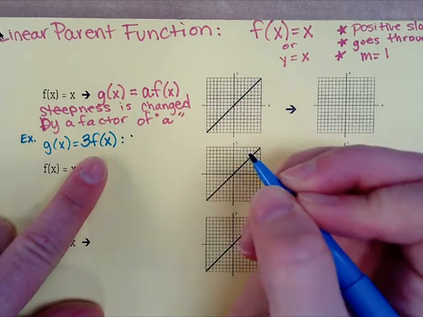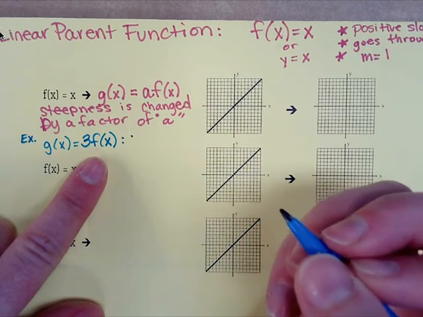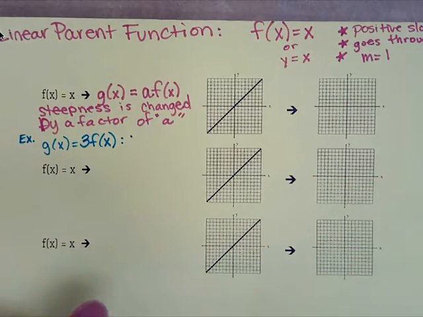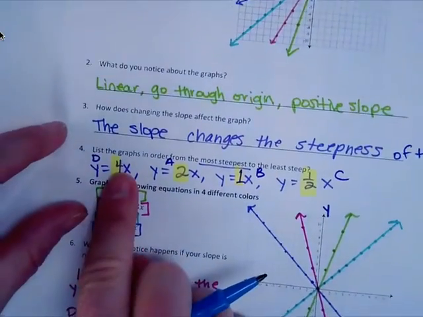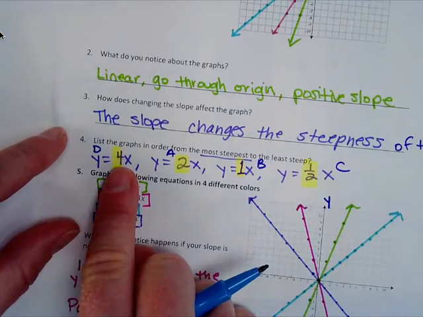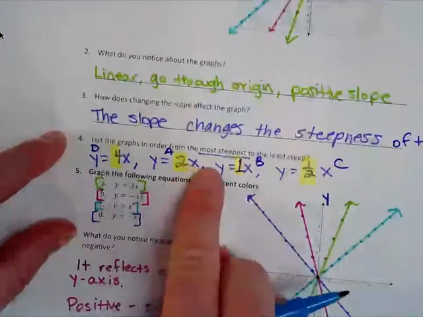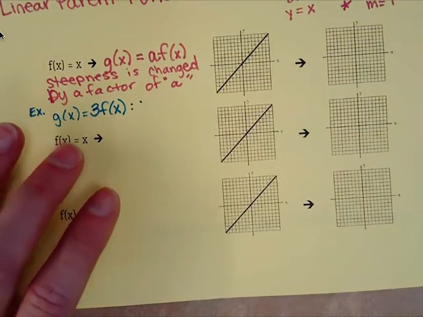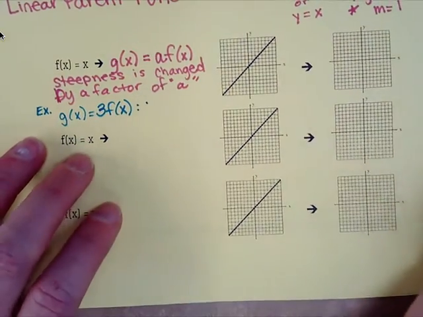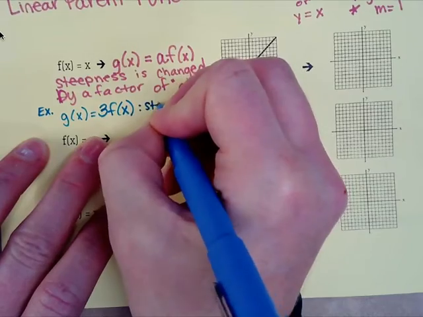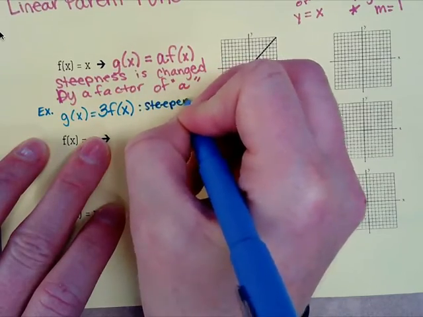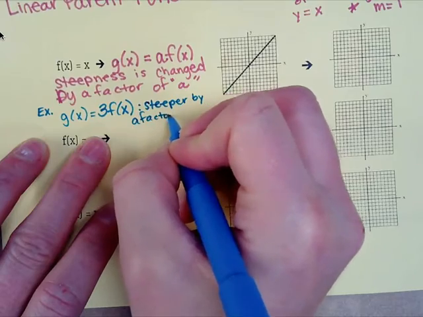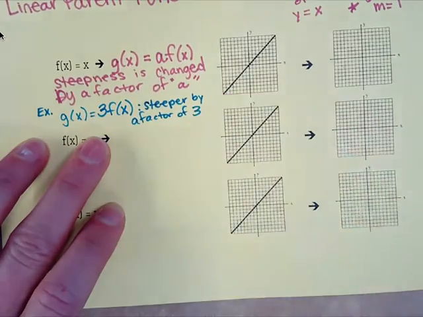Is it going to be steeper or less steep if we have a 3? Yeah, it's going to be steeper because remember this? This was the steepest graph. And then it went down from there. So the bigger the number, the steeper it is. So put steeper by a factor of 3.